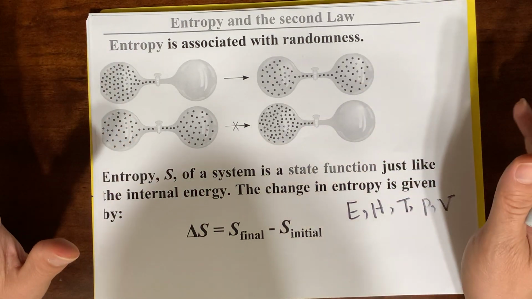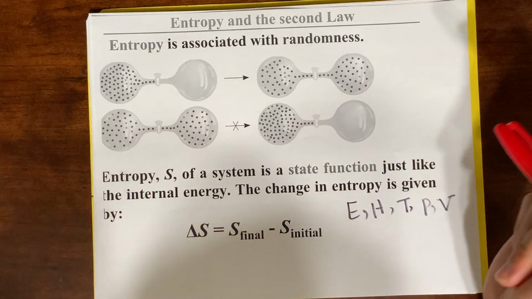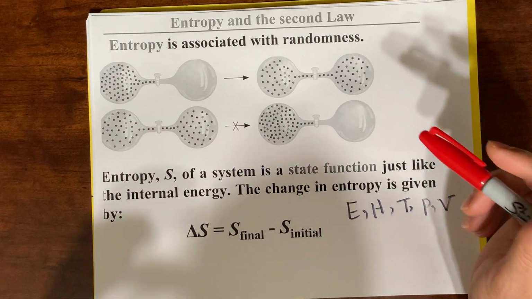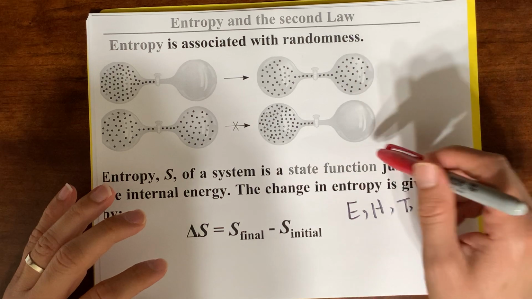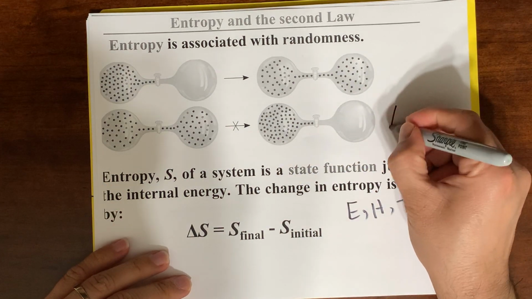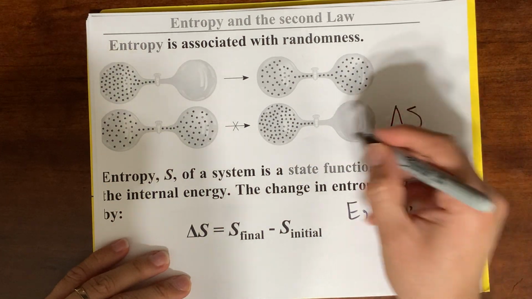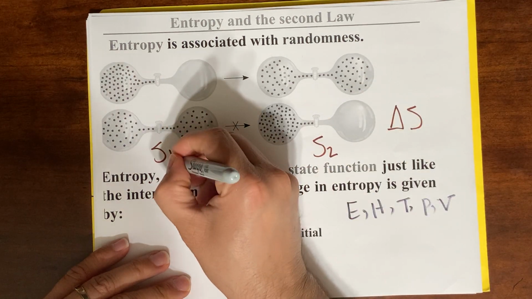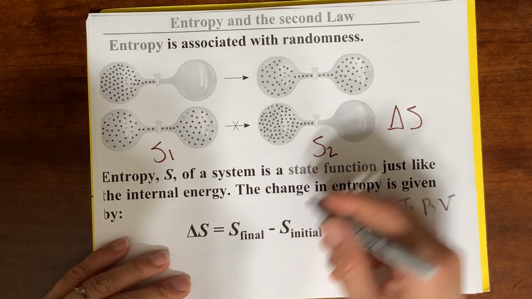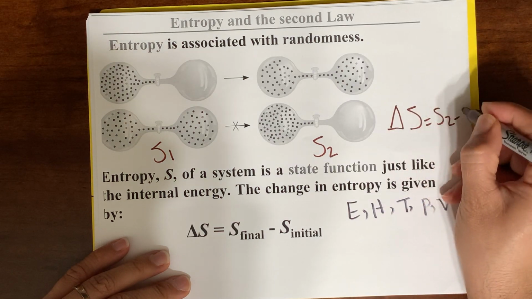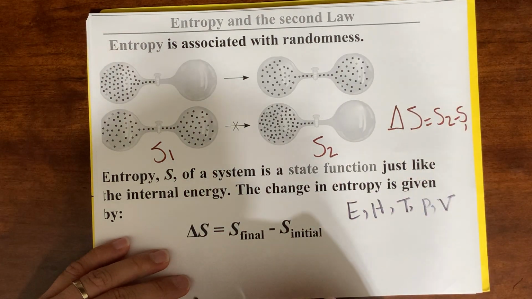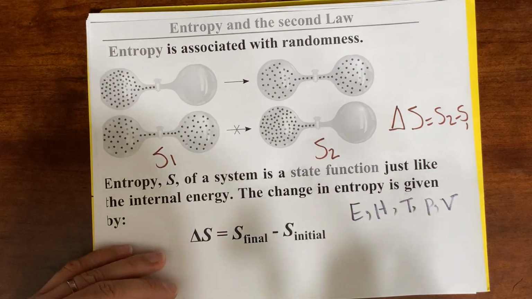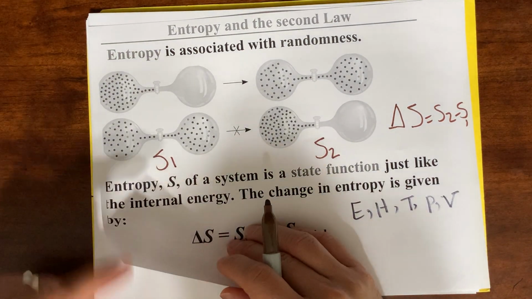I don't care whether it was slow or fast, or whether you did it in a second. If we want to calculate the change in entropy, we say give me the entropy of the final, the entropy of the initial, and I'm going to subtract them. It will be S2 minus S1. That gives me the change in entropy. That's a nice thing about entropy, because it's a state function.